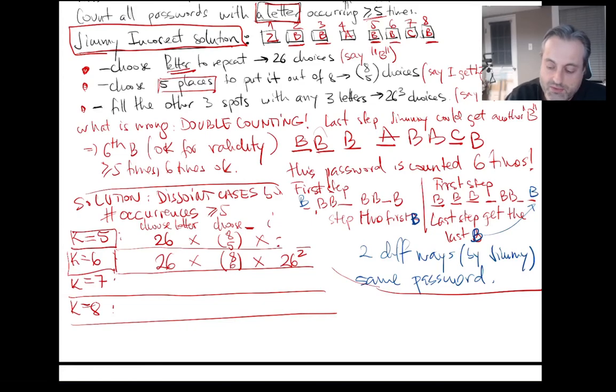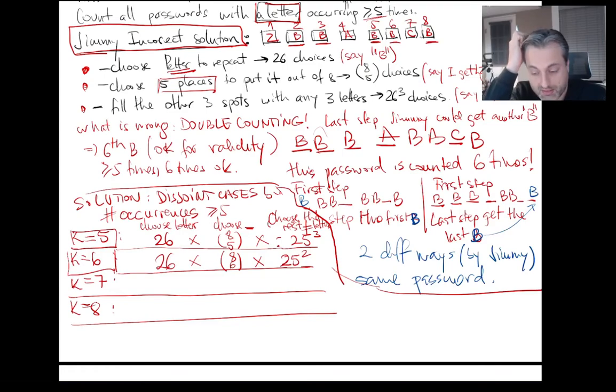This is choose the rest. The rest have to be different than that letter. So this is 25 to the 3, and the same in here, 25 to the second. You can see how even professors can make silly mistakes.